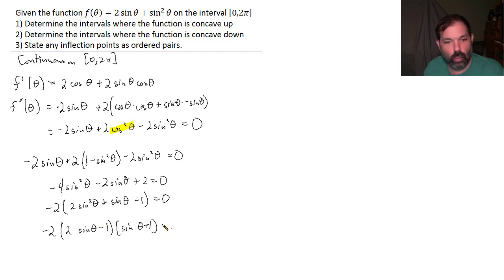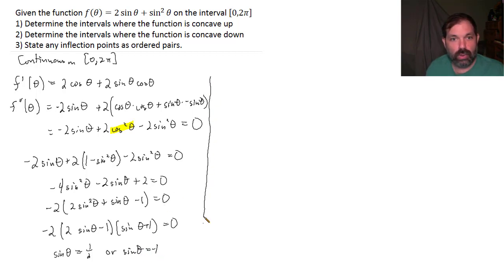That is the factored form. So then that means that sine theta, setting each of the factors to 0, sine theta is 1/2, or sine theta is negative 1. So then my important numbers on the interval 0 to 2 pi, where is sine 1/2?